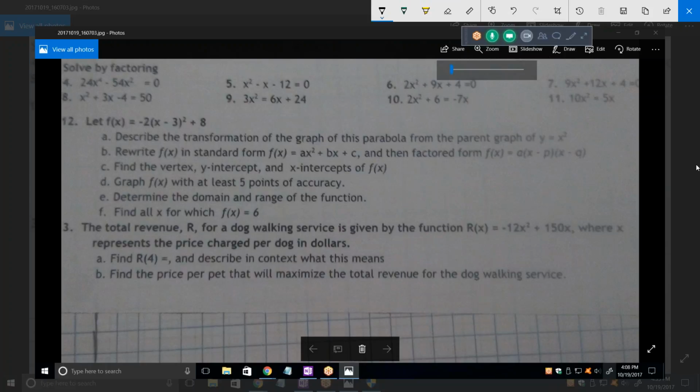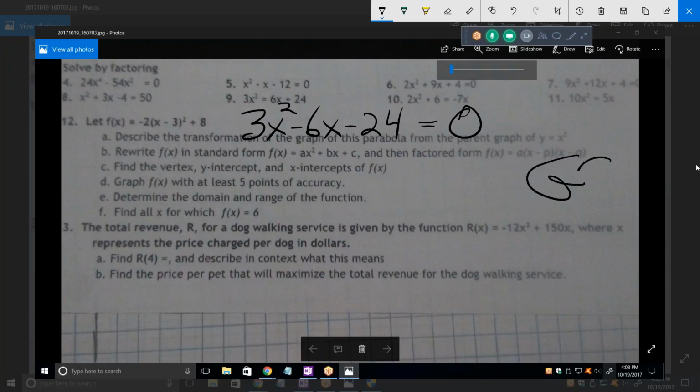Well, let's go back and look at number 9, because I made a mistake here. I didn't get the wrong answer. I just got it in a very difficult way. What did I forget to look for when I started this problem? Oh, greatest common factor. What is it? 3.